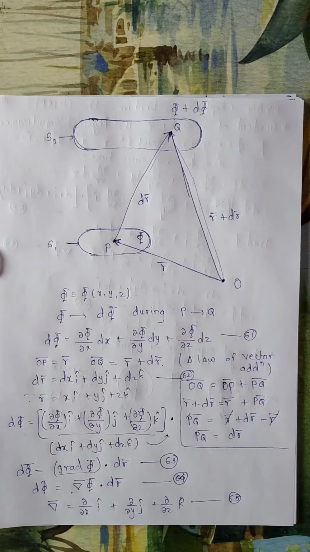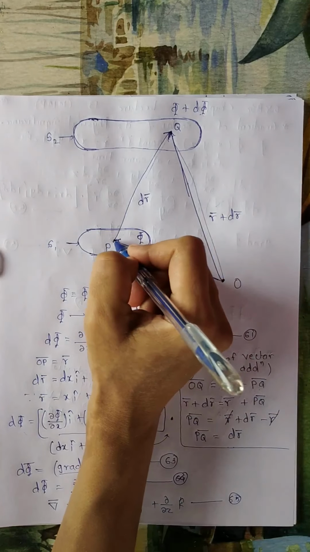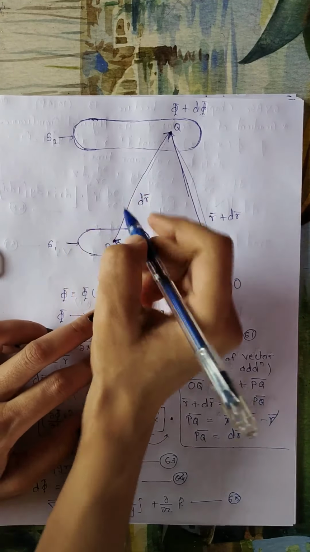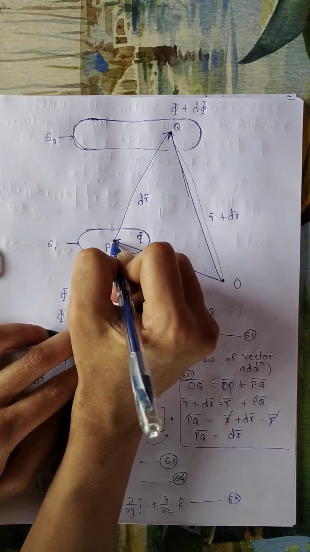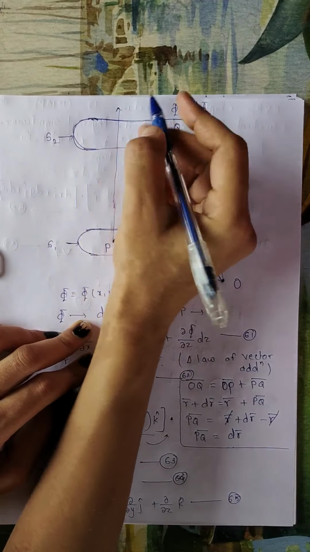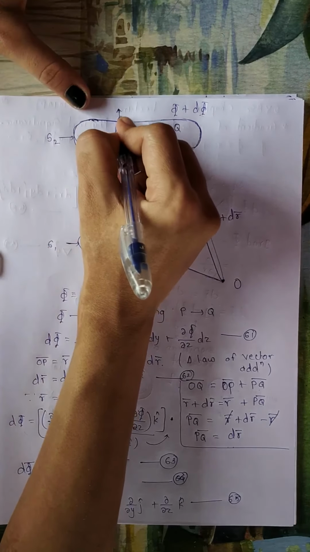Now we will consider n cap as a unit vector which is normal to surface S1 at point P. If we draw this n cap as a unit vector normal, it will be directed in the upward direction, normal to our surface S1.